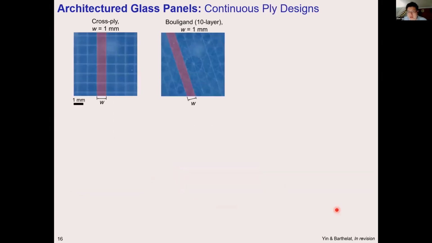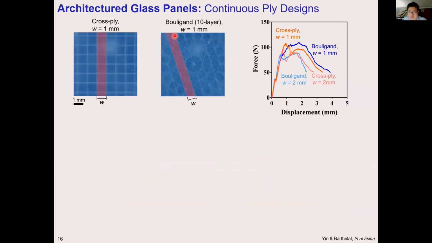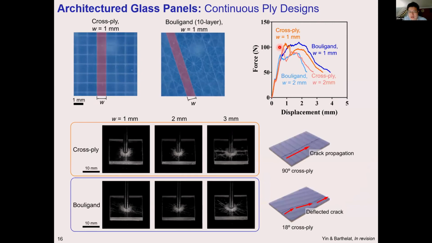The first category of designs we tried is continuous ply designs, where each building block is a continuous ply across the whole sample. Unfortunately, this continuous ply design shows limited deformability and limited strength, because all the damage was local, due to the fracture of those glass plies. All the damage was localized near the puncture site, and all the other volume was not involved in taking the load. So we need some improvements.